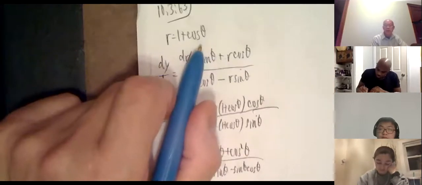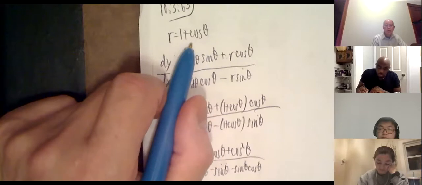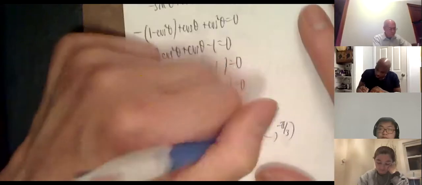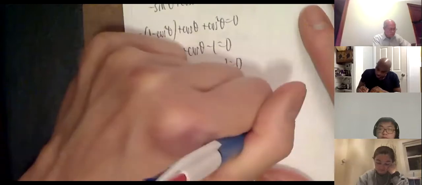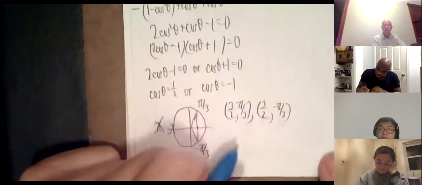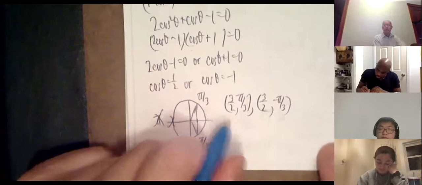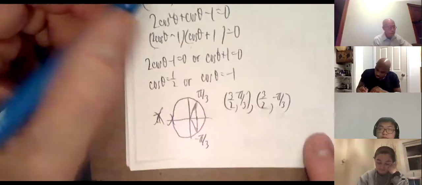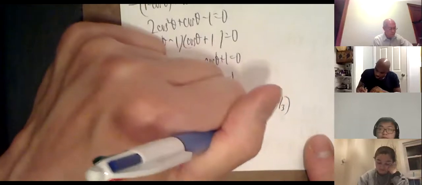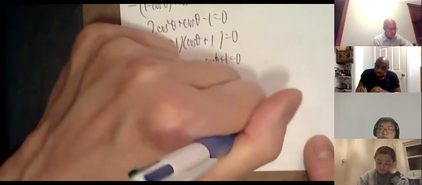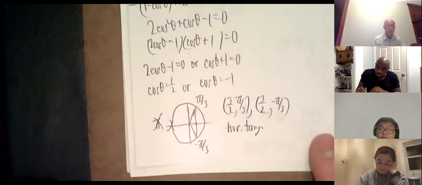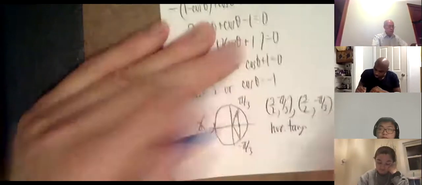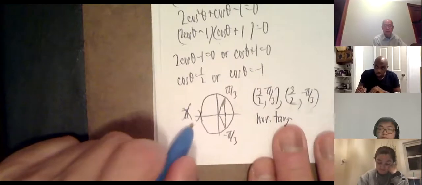So if I plug in either of those, I get 3 over 2. And are these 180 degrees apart? No, they're not. Okay, so this is my answer for horizontal tangent. Again, I have to eliminate pi because both the top and the bottom are 0.